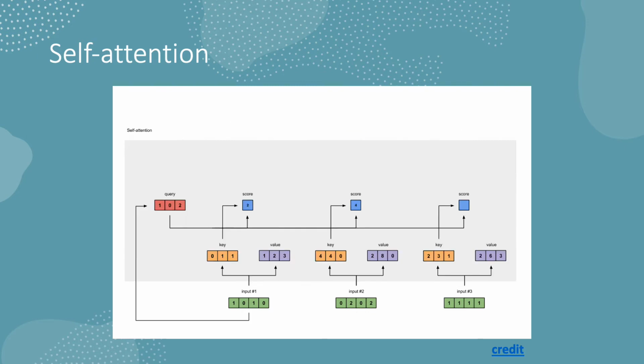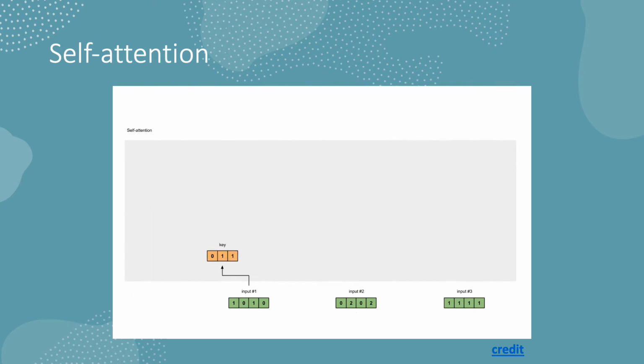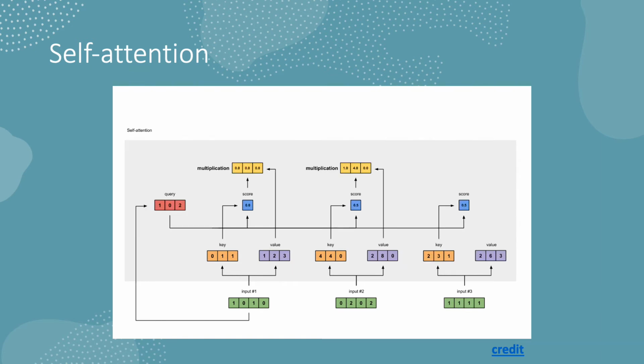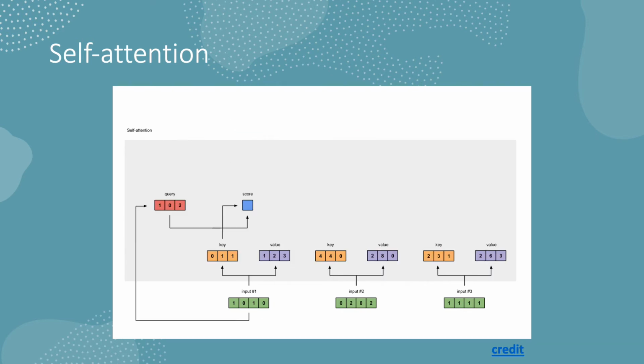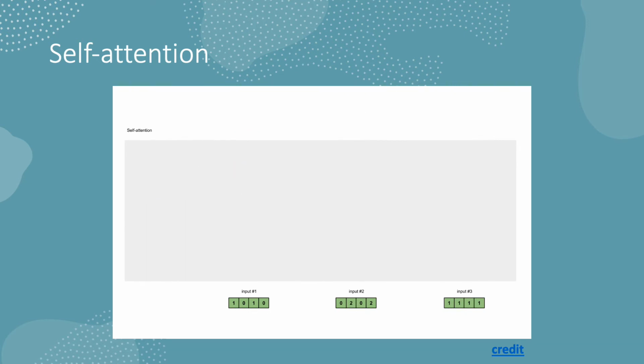The score, a scalar for each input, is generated by the dot product of the key and the query. The scores for each word are normalized by a softmax function. Then the value vectors are weighted by multiplying with the softmax scores. The output is the addition of all the weighted values.